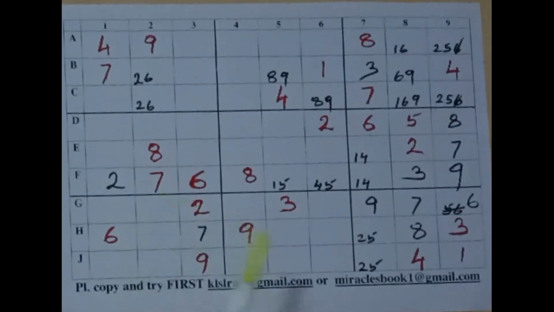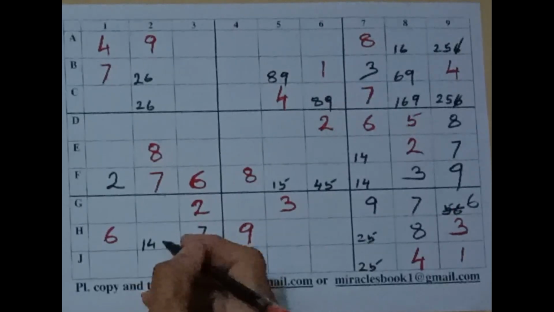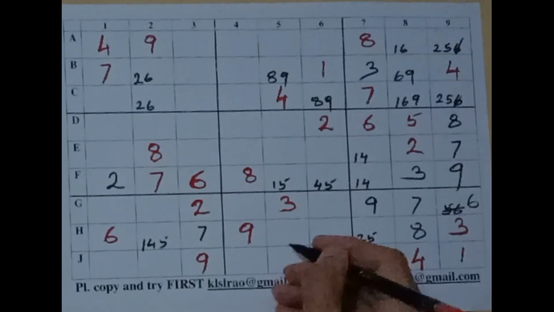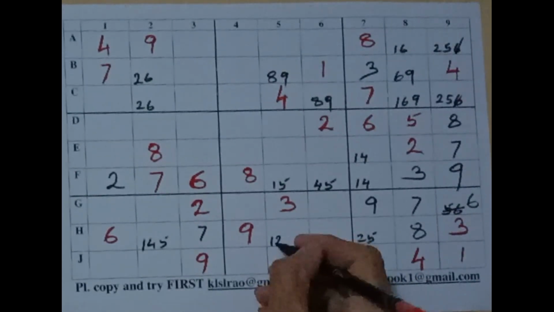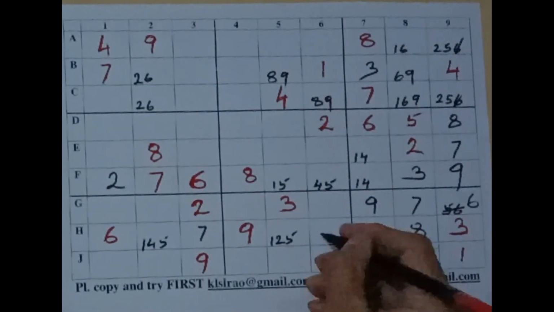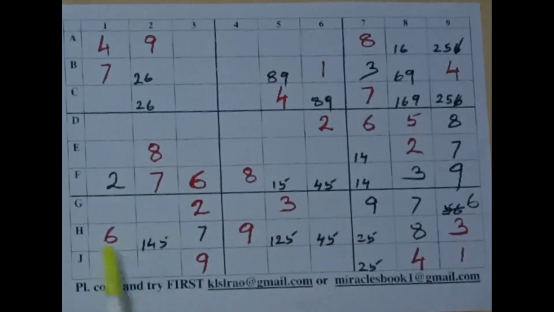We have 2 here, so we can write 1, 4, 5 here. 1, 4, 5. Here, 4 only is there. 1, 2, 5. Here we have got 1 and 2. So 4 and 5 we can write here. Okay. So that completes the row.